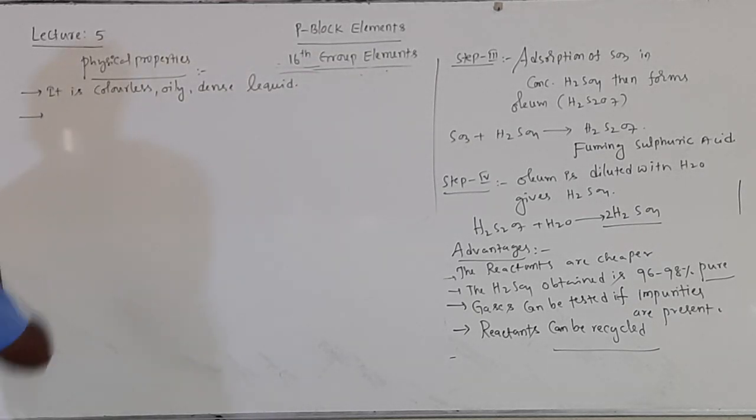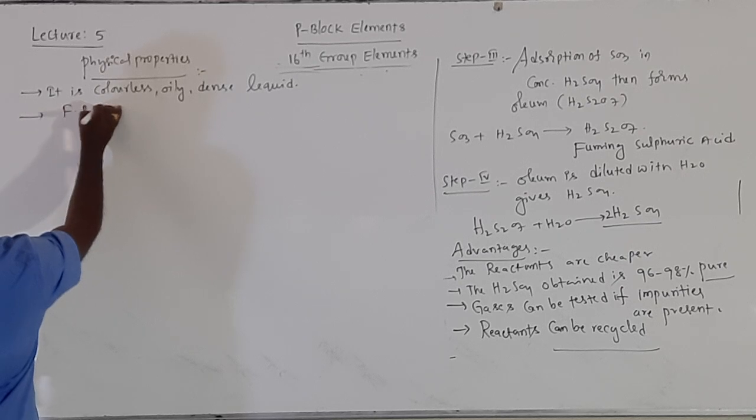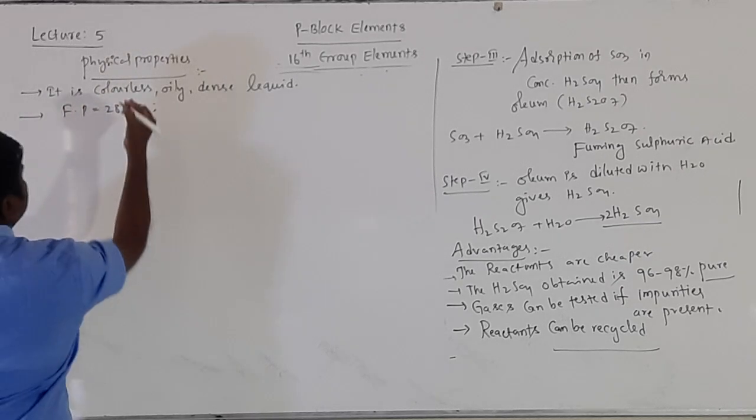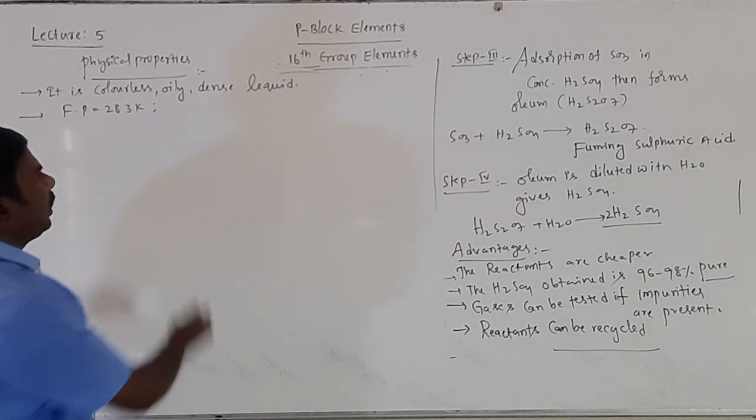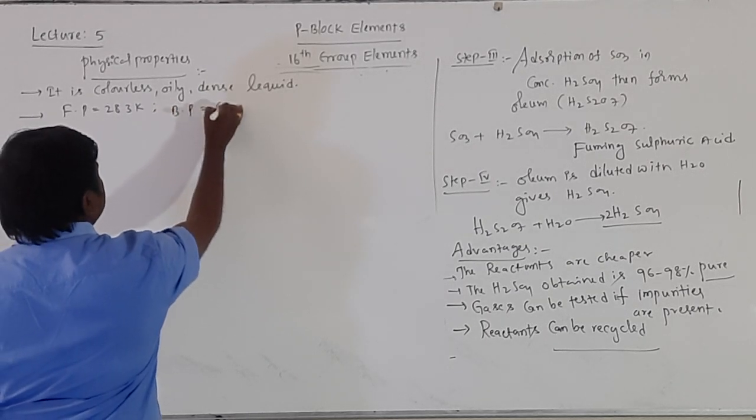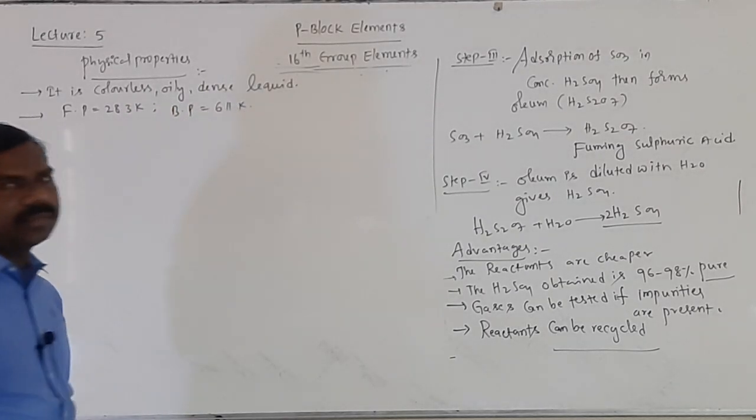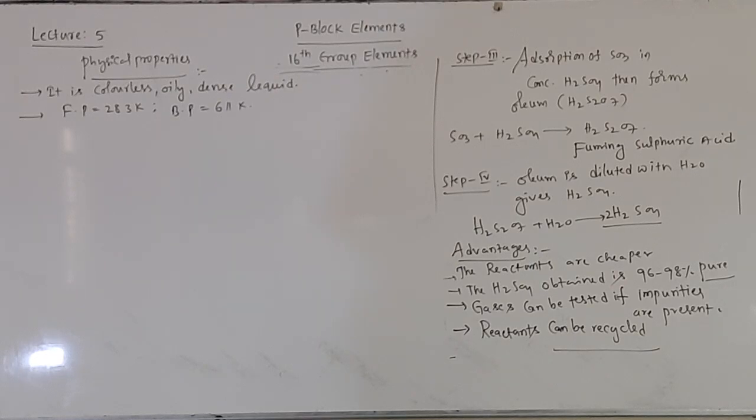So freezing point and melting points. Freezing point is 283 kelvins. And boiling point is 611 kelvins.